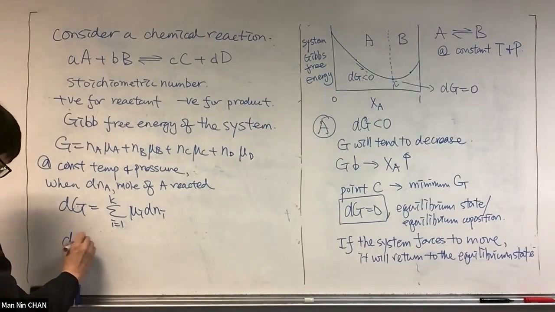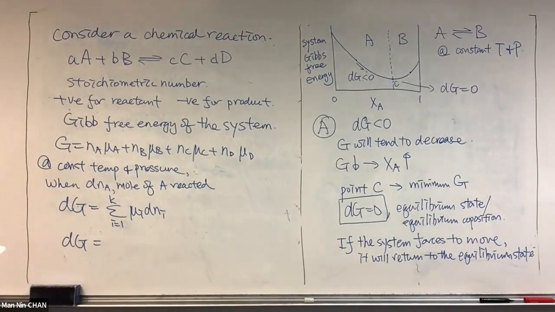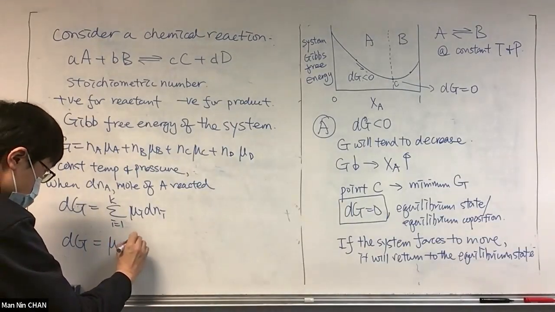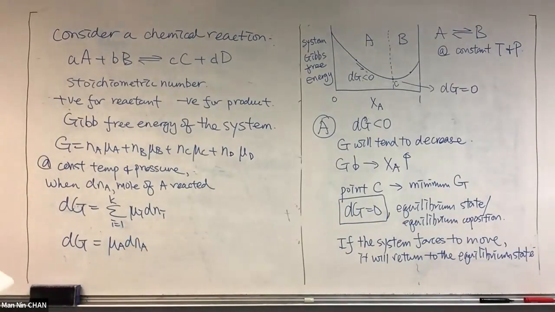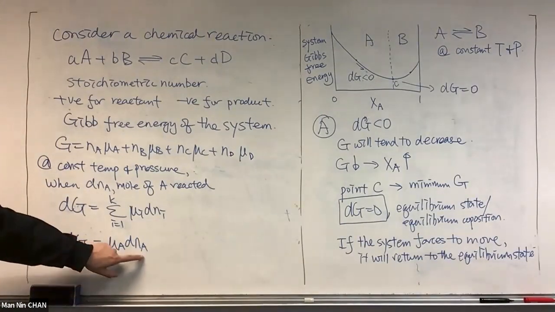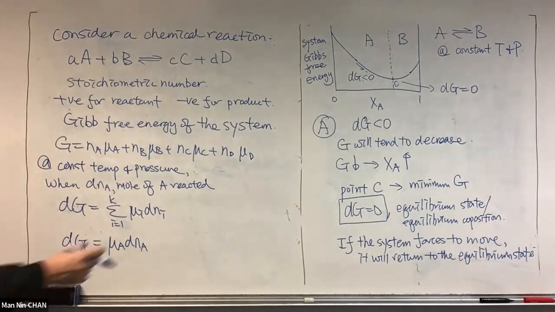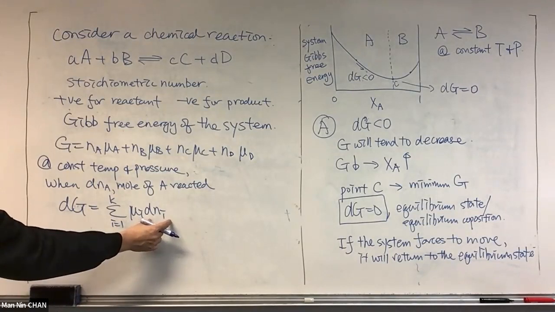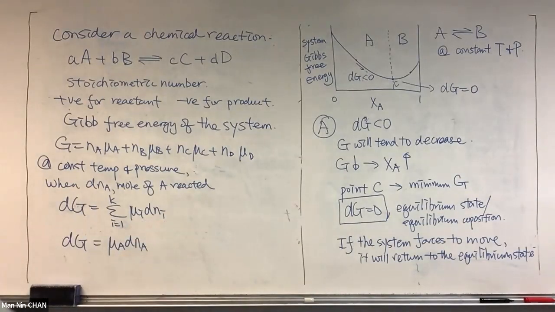Rewriting this, changing your Gibbs energy is the chemical potential of your A times the change in your number of moles of A, dN_A. So this is the change in the amount of your species i, that means the number of moles of your species here.